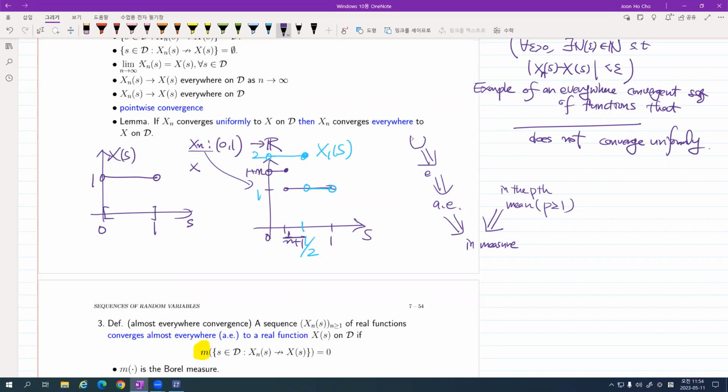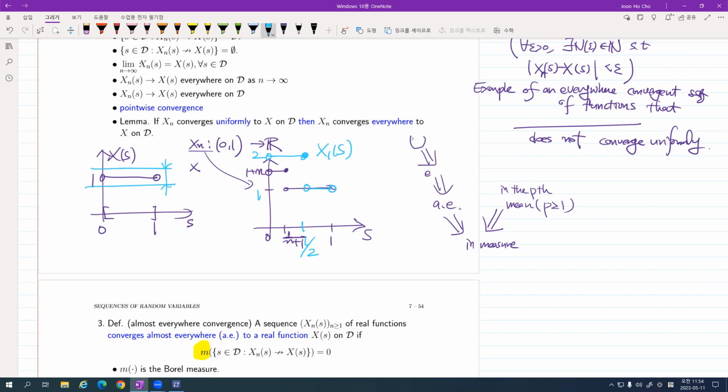However, let's check whether this sequence uniformly converges to the limit. So what you do is that you have to choose some epsilon and put some plus minus epsilon bound.